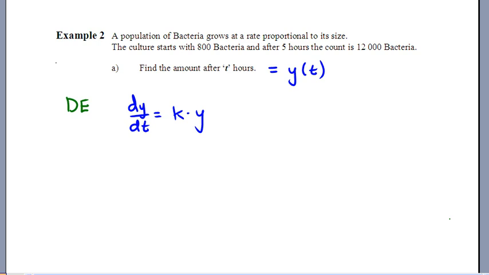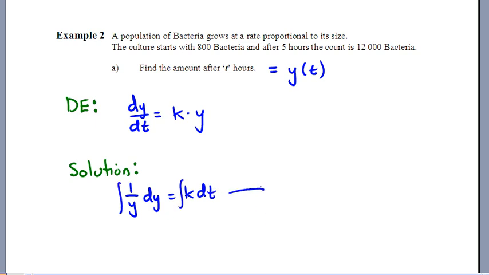Okay, the solution. What's it look like when you get to the answer? Well, you would do separation of variables. Right? You would say, oh, okay, I'm going to write this as 1 over y times dy is equal to k times dt, and we just integrate. And when you do that, the solution ends up being y of t, your bacteria count.